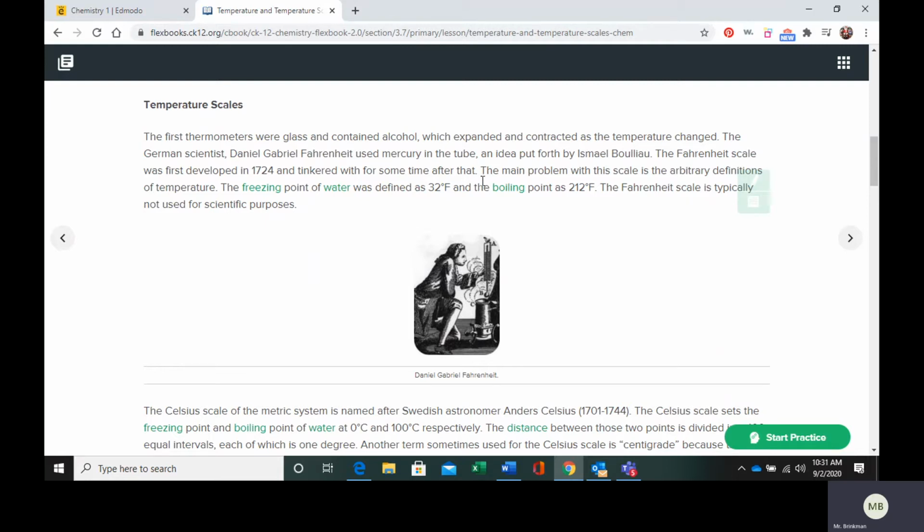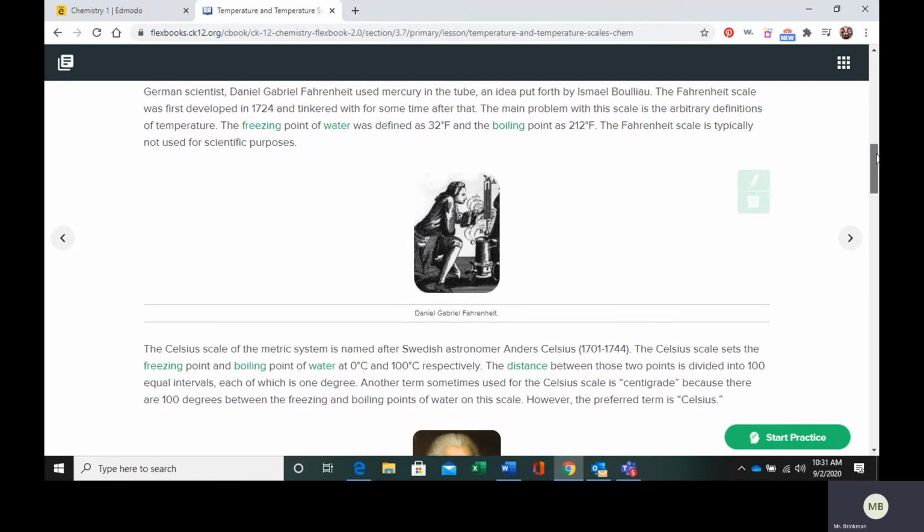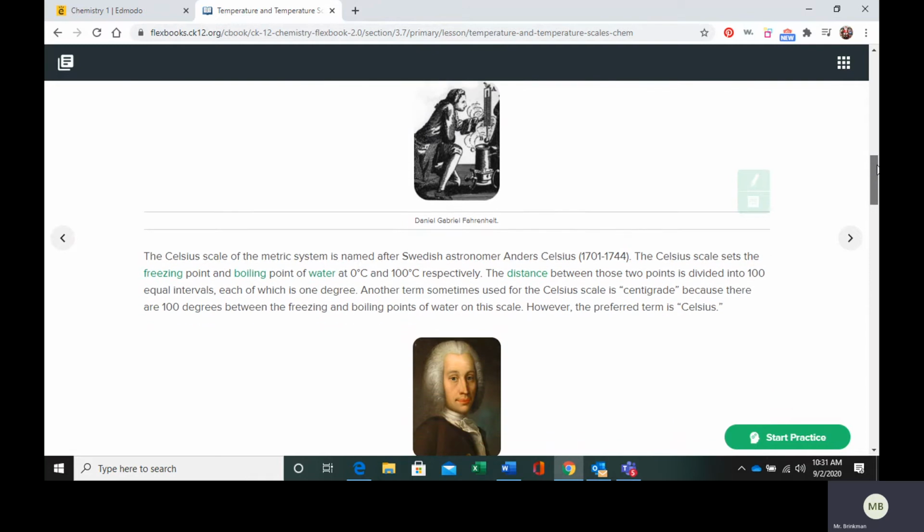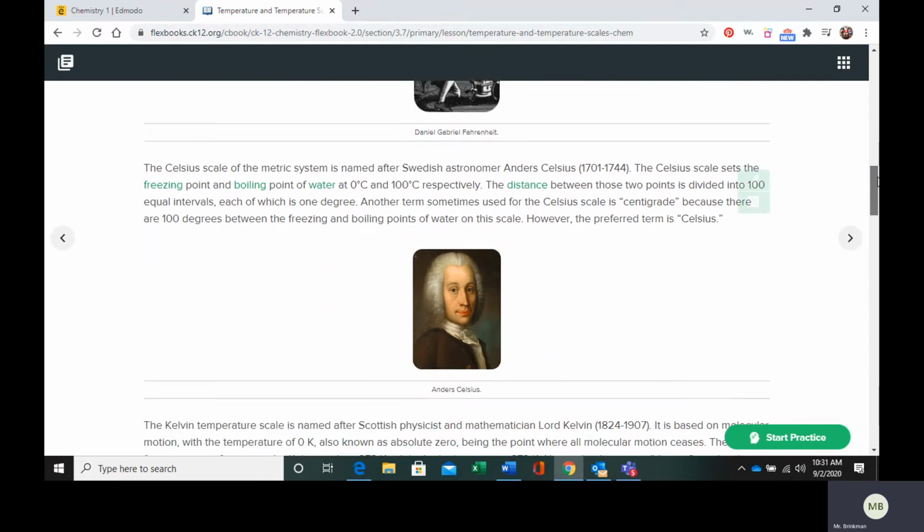So the main problem is the Fahrenheit scale is arbitrary. So we assign an arbitrary freezing point of water, 32 Fahrenheit, and an arbitrary boiling point of water, 212 Fahrenheit. So we don't typically use Fahrenheit in science because it's arbitrary.